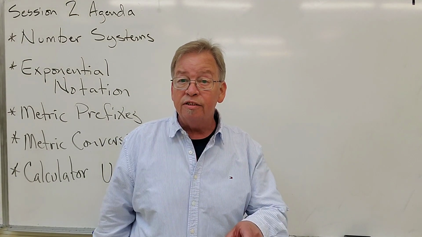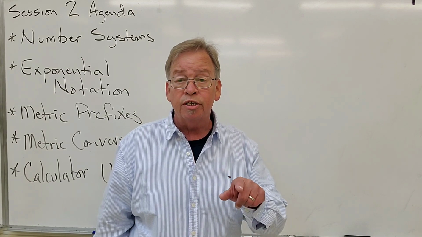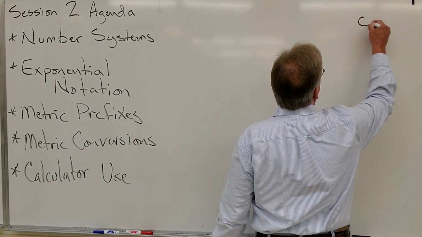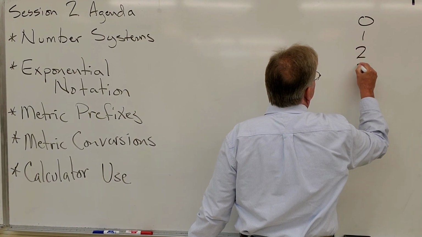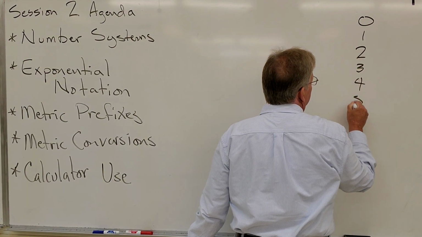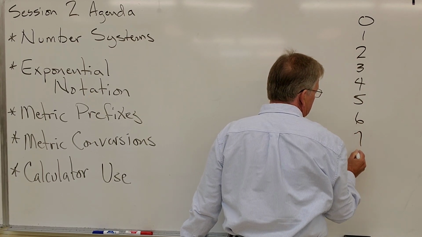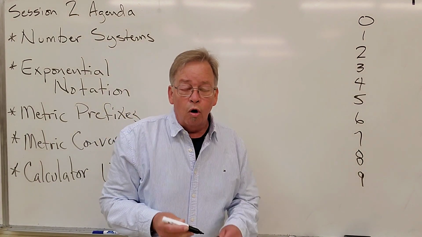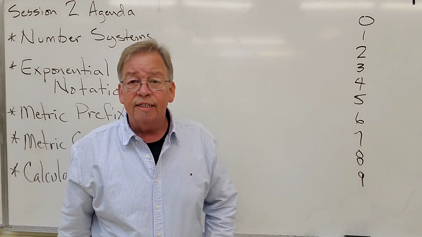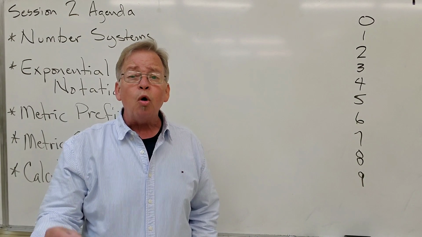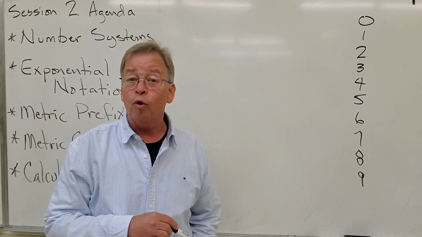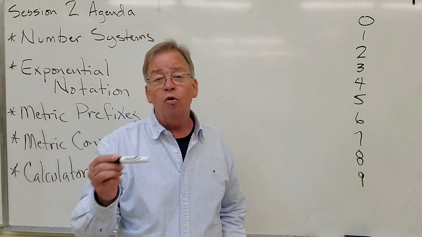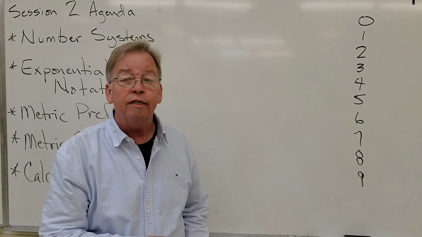So the 10 digits in the decimal number system are 0, 1, 2, 3, 4, 5, 6, 7, 8, and 9. With these symbols, I can represent any quantity that there is. So that base number tells us how many digits.